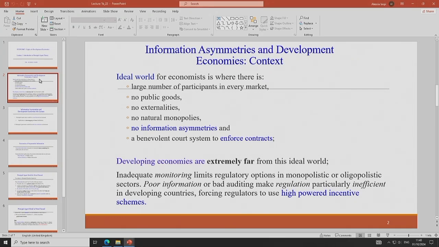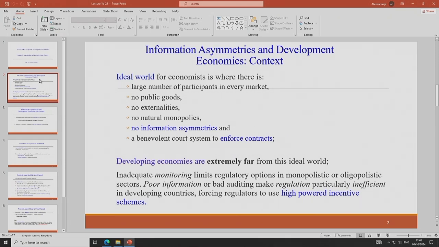And on top of that, a benevolent court system able to enforce every contract. Now, when you hear the word contract, you just have to think about any agreement with an economic meaning between two or more parties.